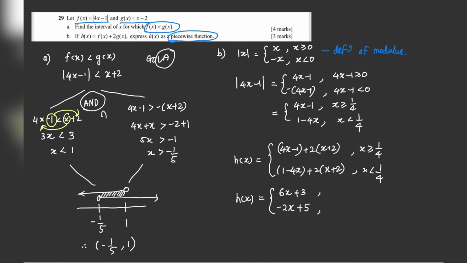And then tulis balik dia punya domain. More than equals to 1/4 dan juga less than 1/4. So dapatlah final answer dalam bentuk piecewise. Okay. So itulah cara menjawab soalan 29.